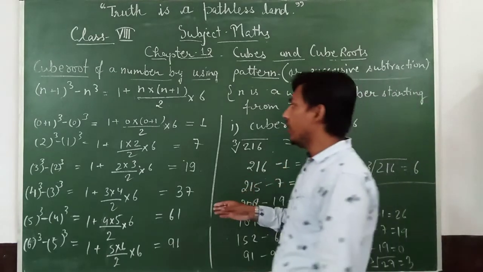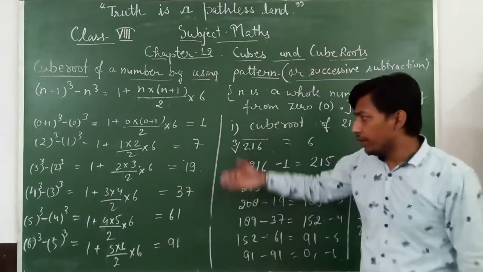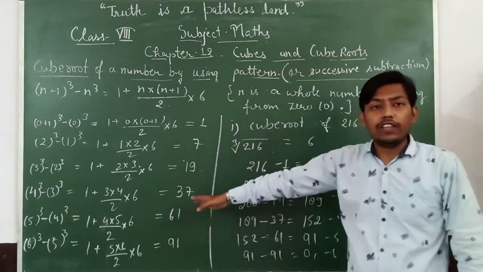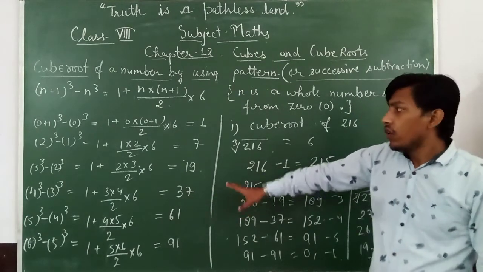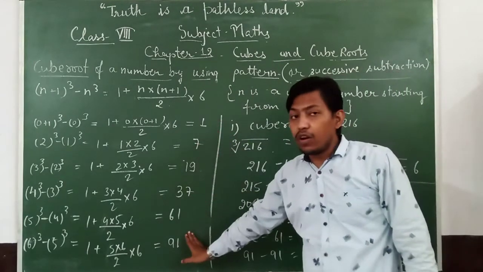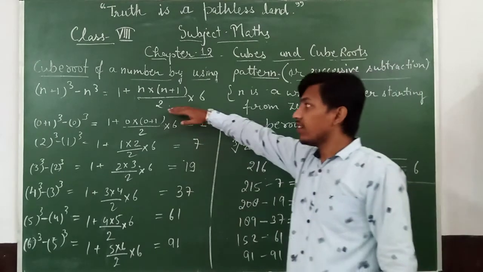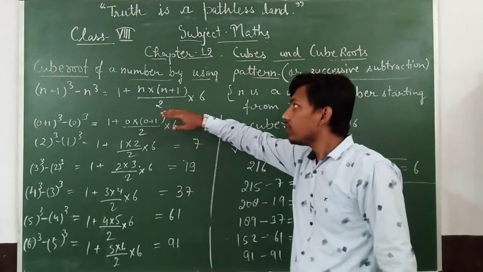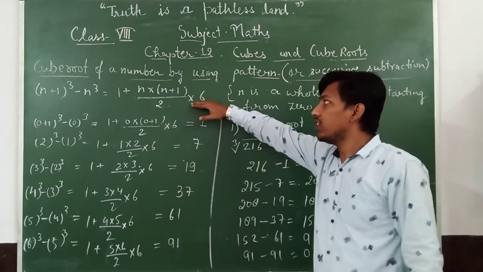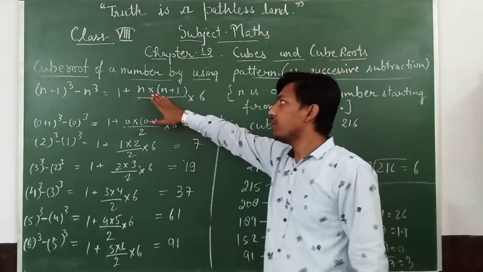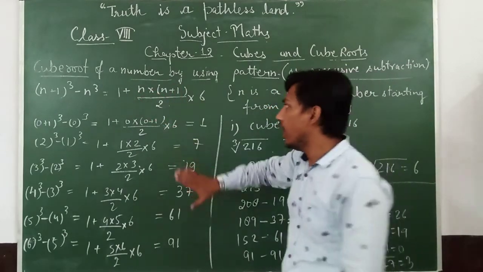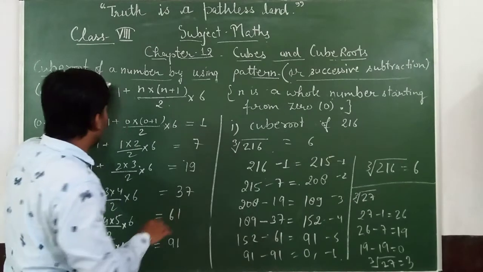So the main question is, how can we know what will be the next number of this pattern? We will find the next number of the pattern by this formula. We put the values of n starting from 0. It is very simple. Use only this formula.